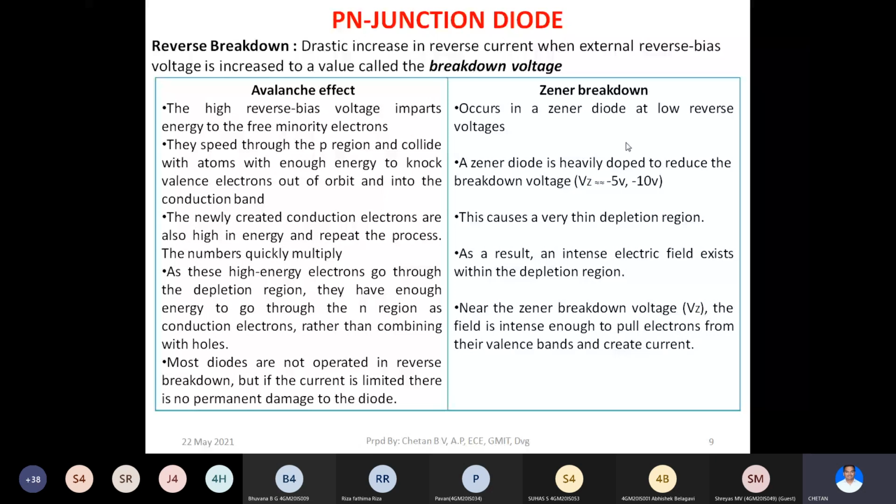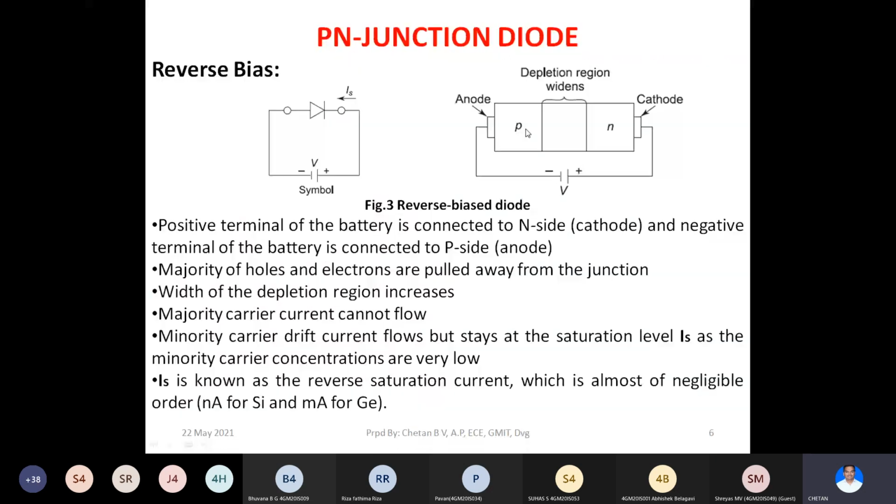This small reverse breakdown voltage can be achieved by heavily doping the P type and N type semiconductors. Whenever you heavily dope P type and N type semiconductor, the width of the depletion region will be reduced.